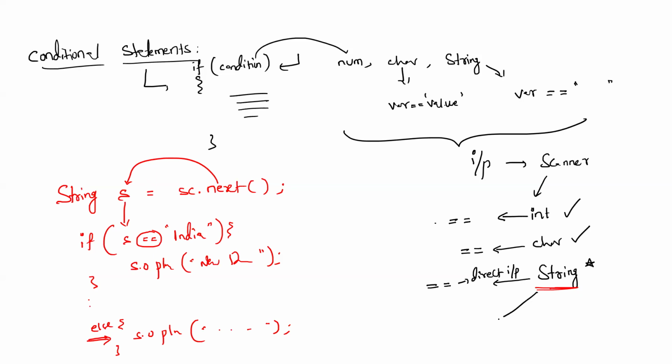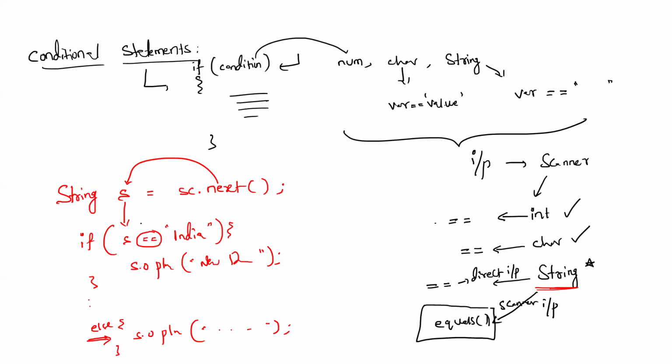If we give the input from the Scanner class or keyboard, we have to use the equals method. That's the difference. If you use equals, it will work.